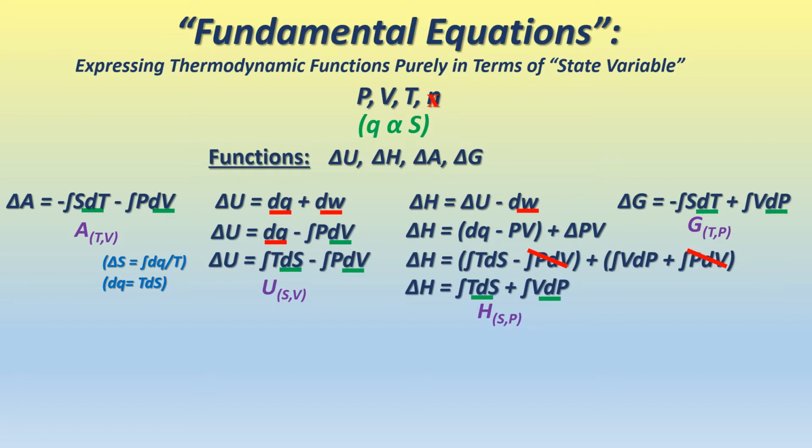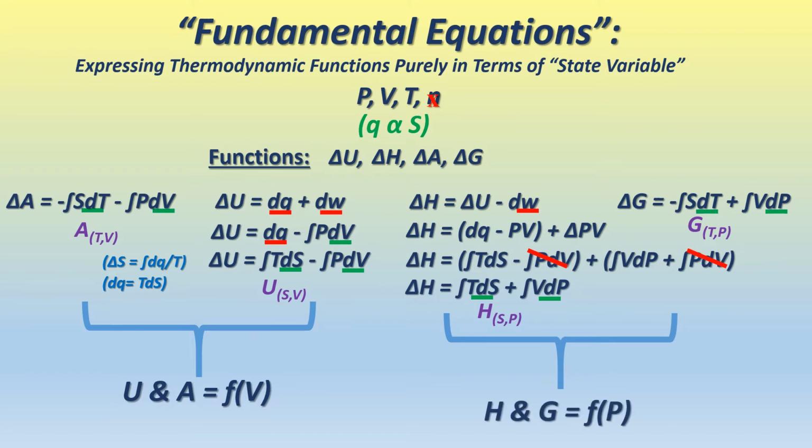These fundamental equations, first of all, explain why most chemistry students are familiar with H and G as letters of the alphabet, but not U or A. If you look at the Helmholtz energy and the internal energy, they are both functions of volume, while the Gibbs energy and the enthalpy are both functions of pressure.